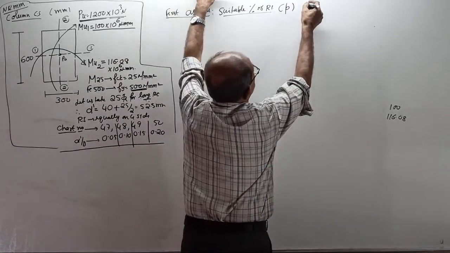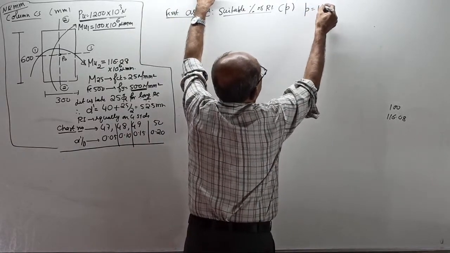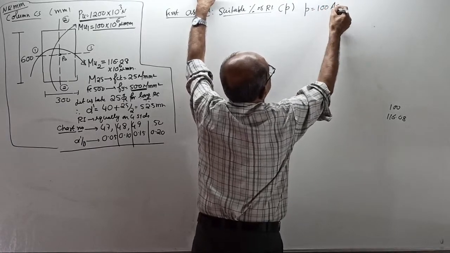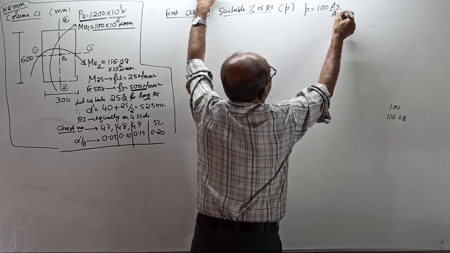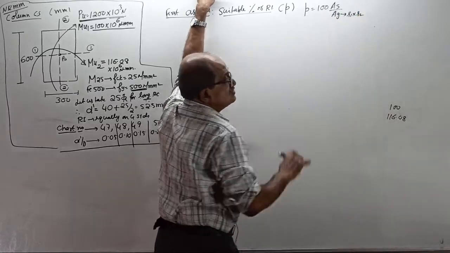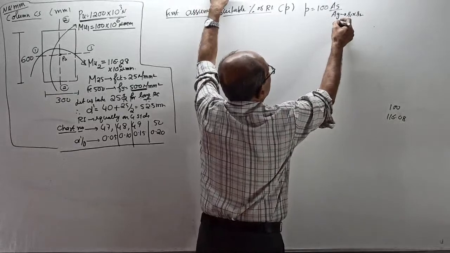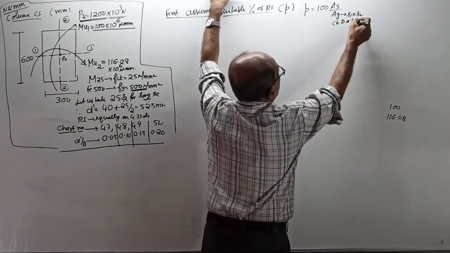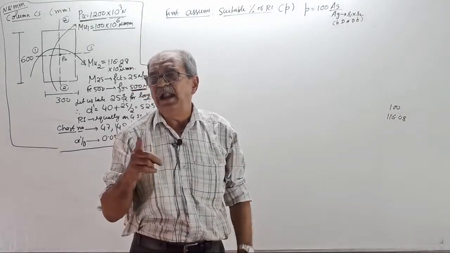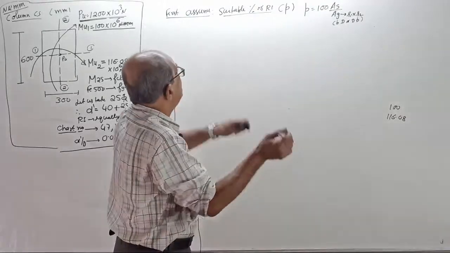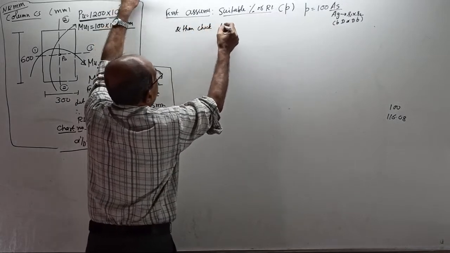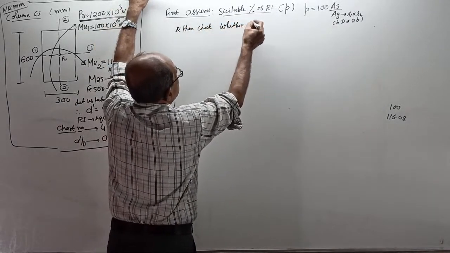Remember, the percentage of reinforcement equals 100 times the area of steel divided by the gross area. Gross area is S1 into S2, or B into D, or D into B, whatever you want. You have to first assume the percentage of reinforcement, and once you assume it, check whether it is safe or not.